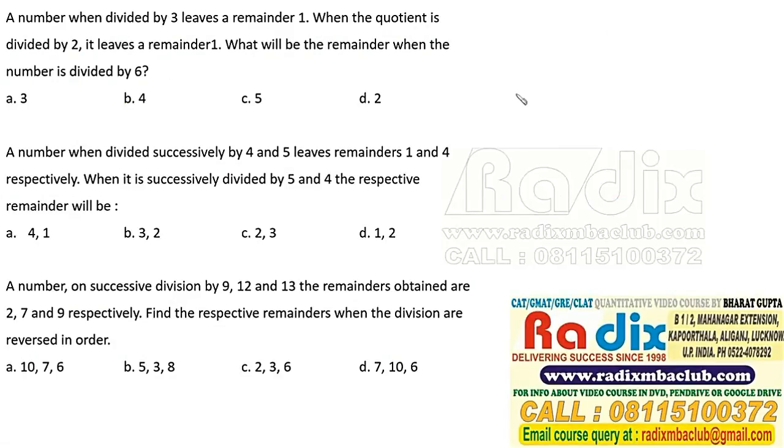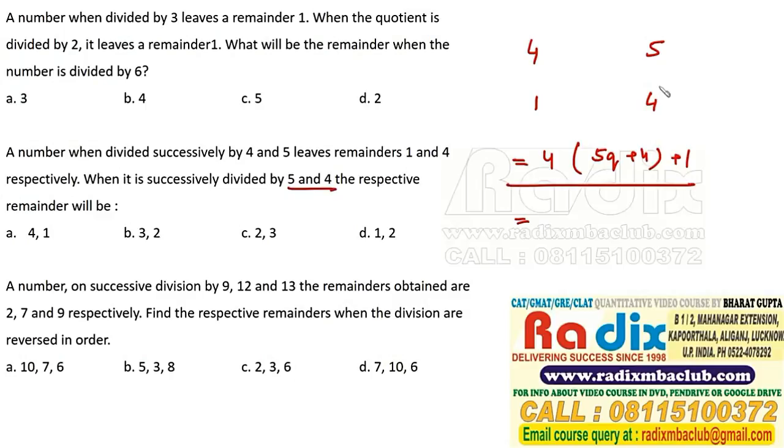Second question: a number when divided successively by 4 and 5, the remainders are 1 and 4. So in this case we will write the number as 5q plus 4, and then times 4 plus 1, right? We have to calculate when it is successively divided by 5 and 4, the reverse order. Cross multiply: 4 4s are 16 plus 1, so we can write the number as 17.